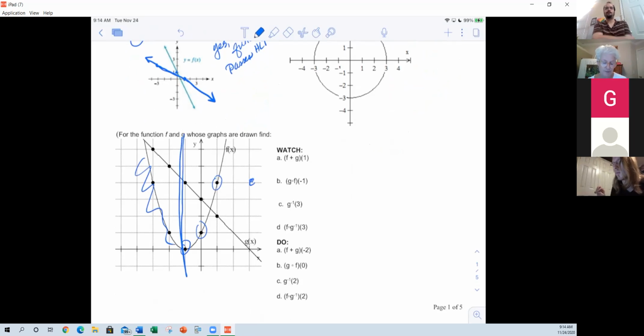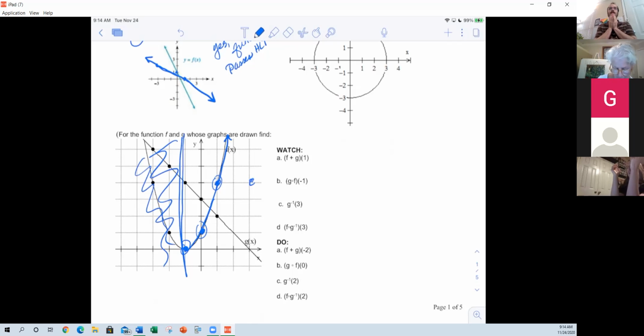But if it was some other shape, you'd want to pick enough points to give you the shape you're looking for. So if we're looking at this half of a parabola, I would pick this point, and this point, and switch the x and y and graph those 3.